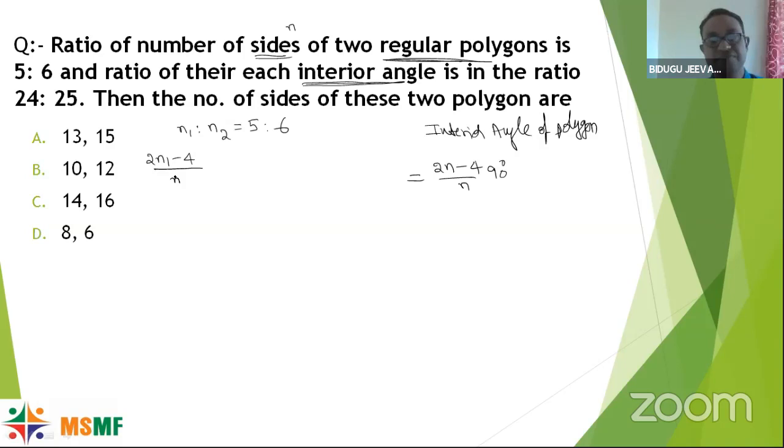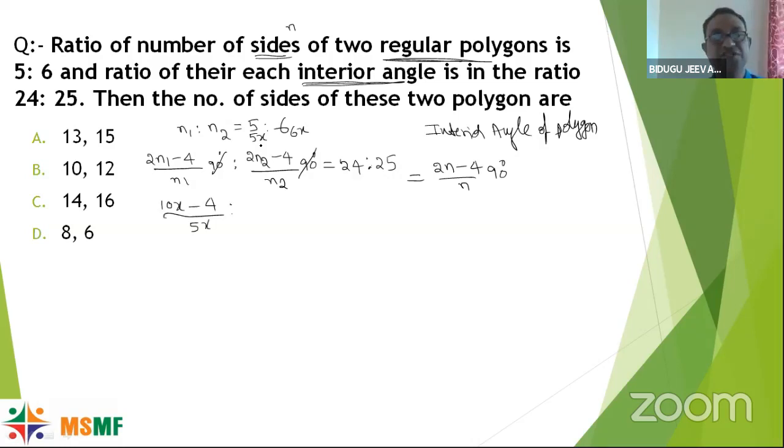Right. Now here, let me substitute the values. This is 5x, this is 6x. Is it right? 90 gets cancelled, right? So this is (10x minus 4) by 5x, and (12x minus 4) divided by 6x, which is equal to 24 is to 25. So let me do cross multiplication.